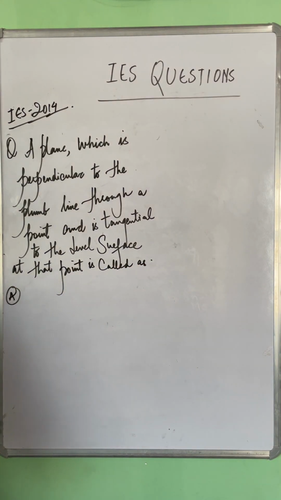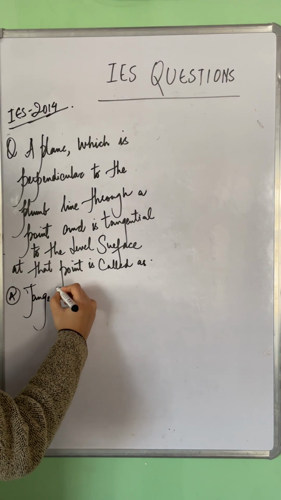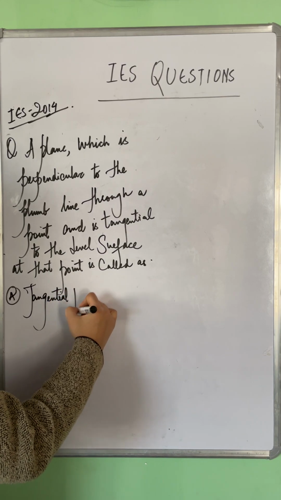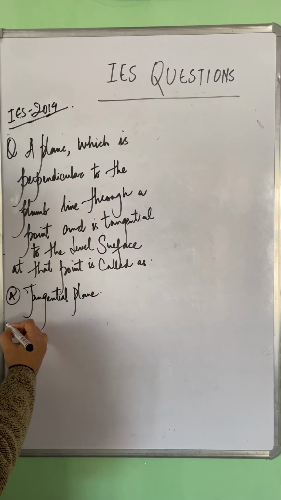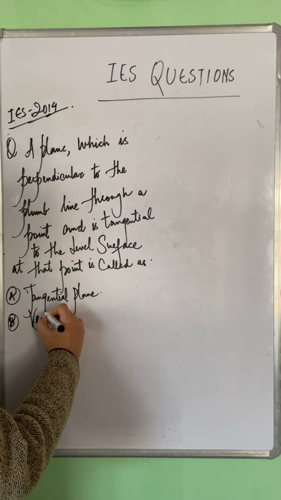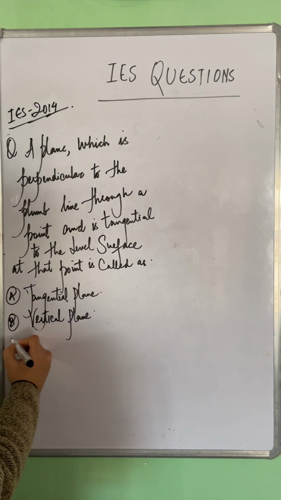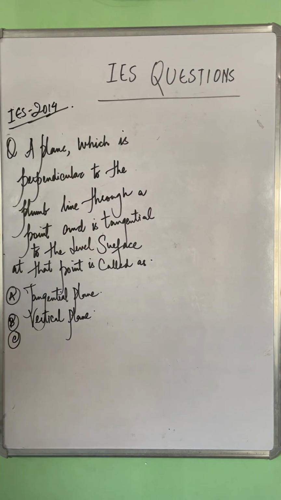Option A was tangential plane. Option B, vertical plane. Tangential plane, vertical plane, level plane, or the horizontal plane.